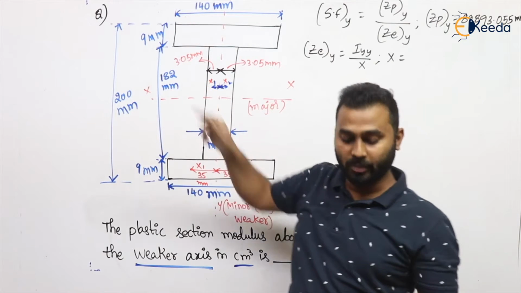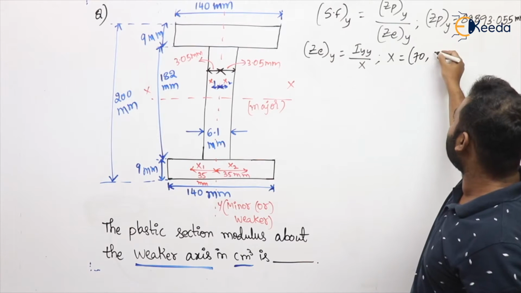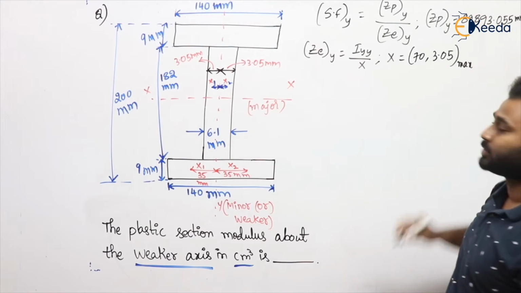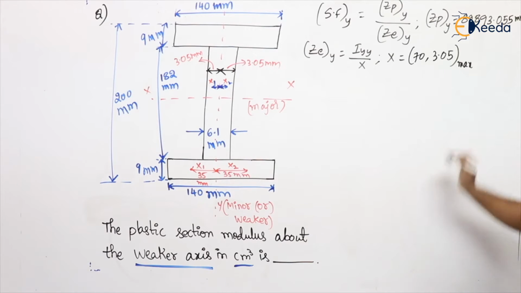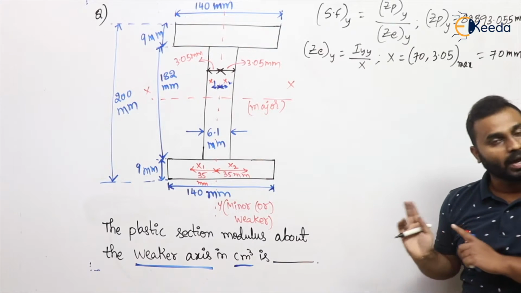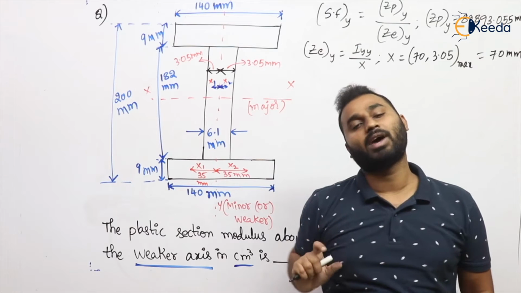So the values are 70 and 3.05, and out of these two we need to take the maximum. So X is 70 mm. As two values of X exist for the I section, we choose the maximum value.